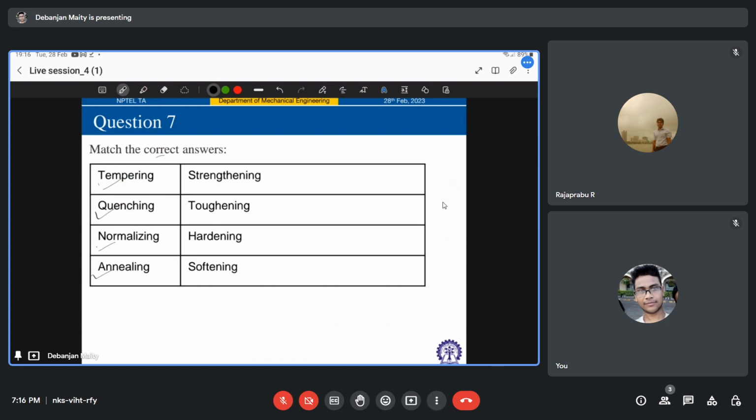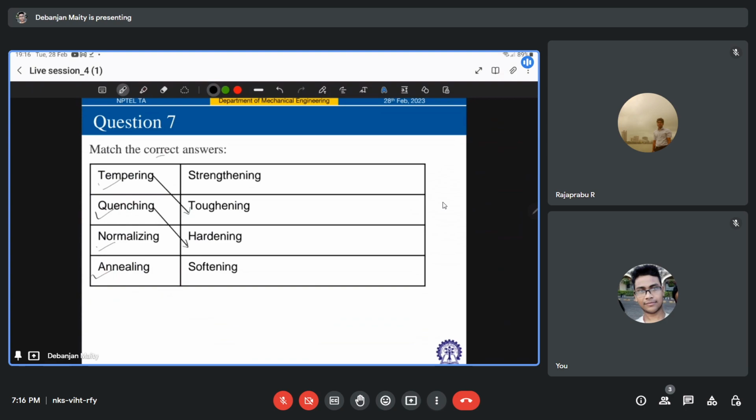Tempering is basically toughening here. Then quenching is basically hardening, of course.